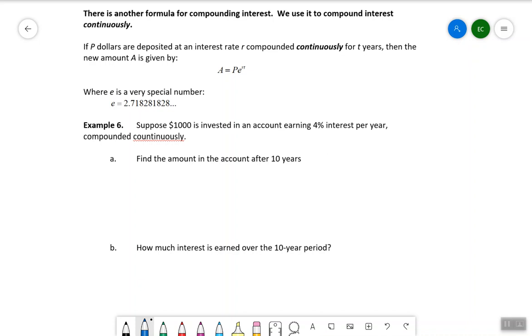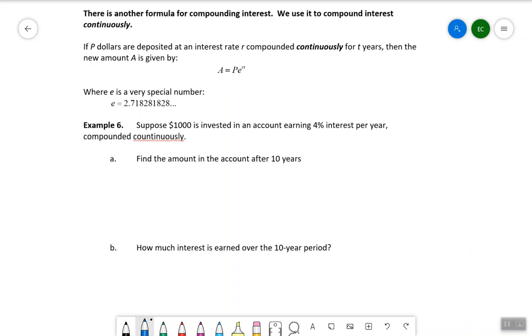The formula says the new amount A is equal to the principal, the initial value, multiplied by E raised to the RT, where E is a very special number called Euler's number. It's approximately 2.72. And this number is similar to pi in that it's an irrational number. It has a special symbol to represent it, and it's important in lots of mathematical applications.